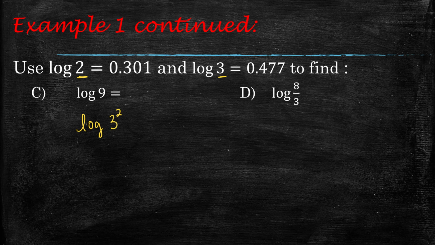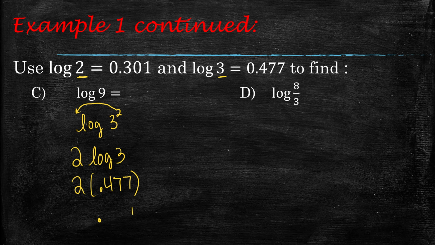And then if you remember your power property, the power comes to the front, so that's 2 times the log of 3, and the log of 3 is 0.477, so we can plug that in, and 2 times that would be, let's see, that would be 0.954.